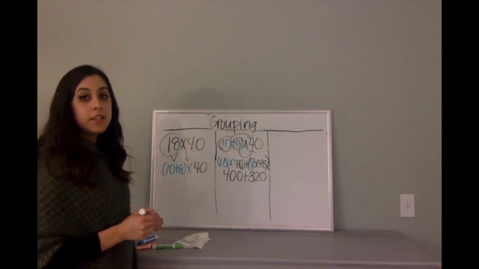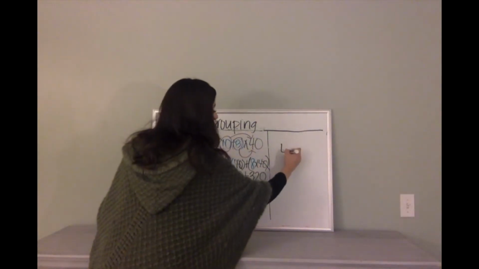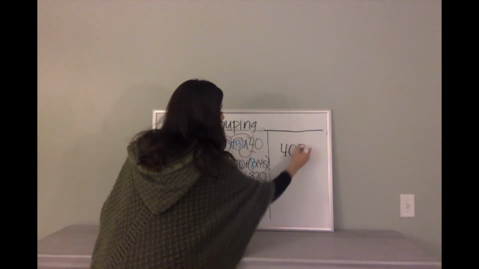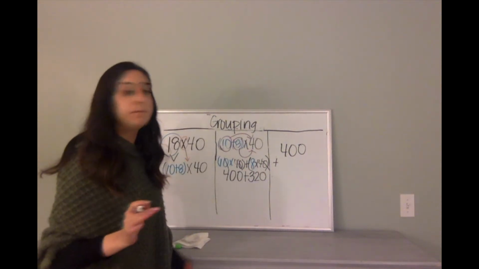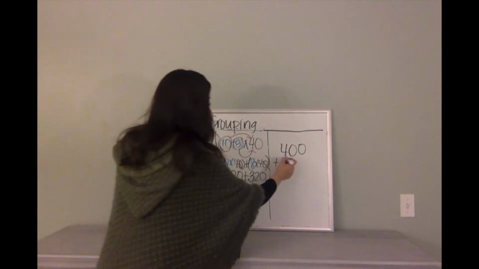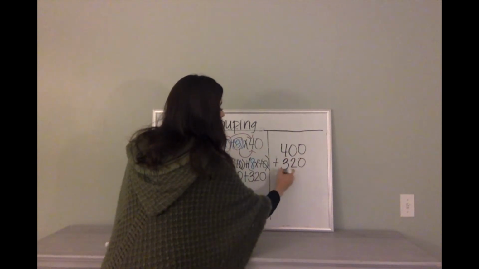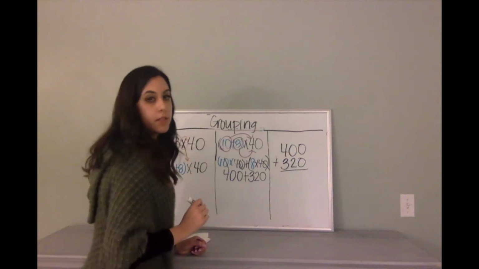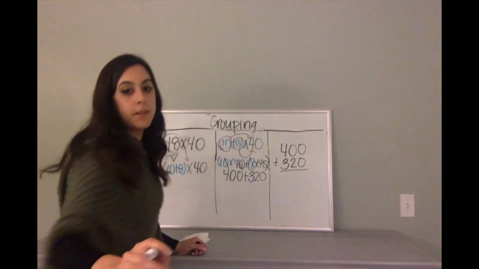Now I am ready to add those numbers. I'm going to go ahead and do it on this column. 400, and make sure, the same thing as the area model, how I taught you, your numbers have to line up. So 400 plus 320. The ones are with the ones in the ones place. The tens and the hundreds are all lined up.